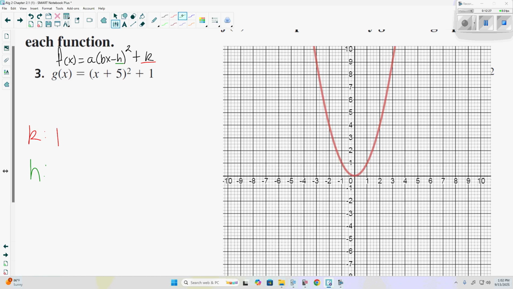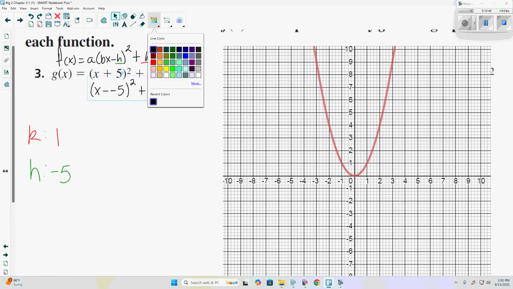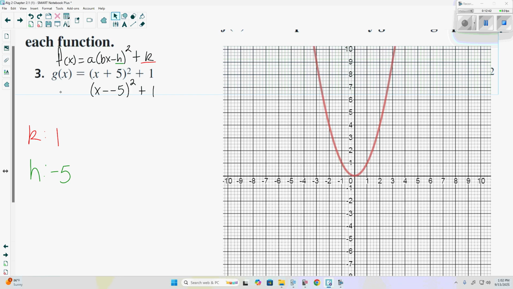K is going to be +1, h is going to be -5, because for g of x, what we're really looking at is x minus -5. Because x plus 5 would be our x minus -5, really showing us what the true value of h is, which is -5.